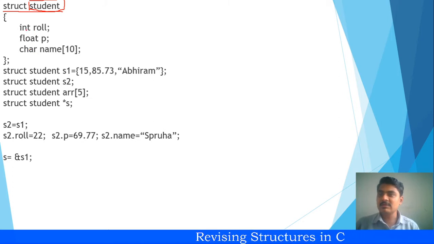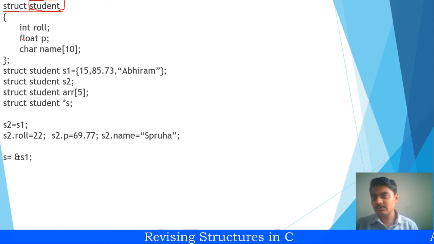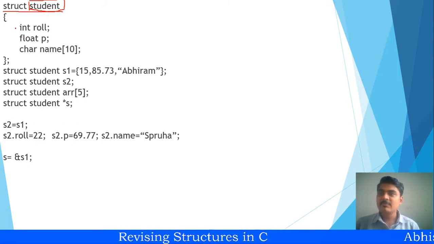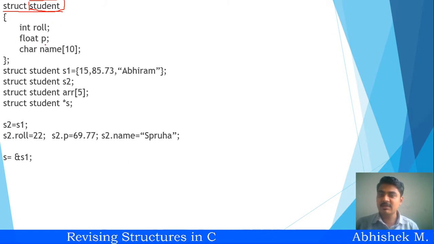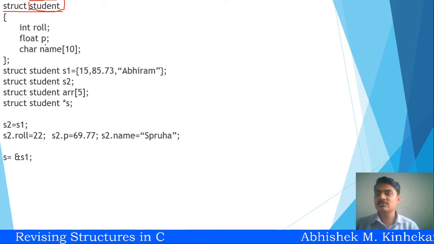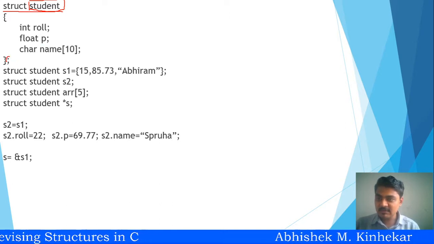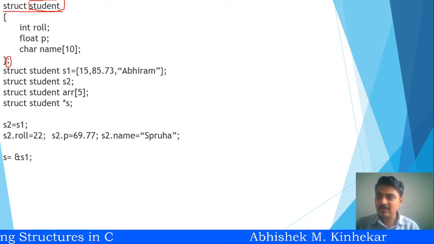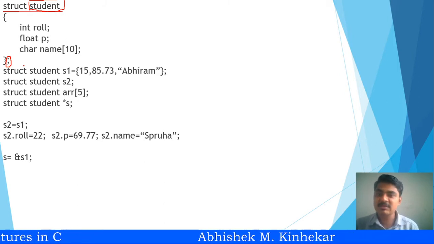Similarly, roll is of type integer, p is of type float. That simply means we will be accessing these 3 heterogeneous elements sequentially. The collection of these things is known as a structure. Another important thing is we normally put a termination symbol, that is a semicolon, after the structure's declaration.